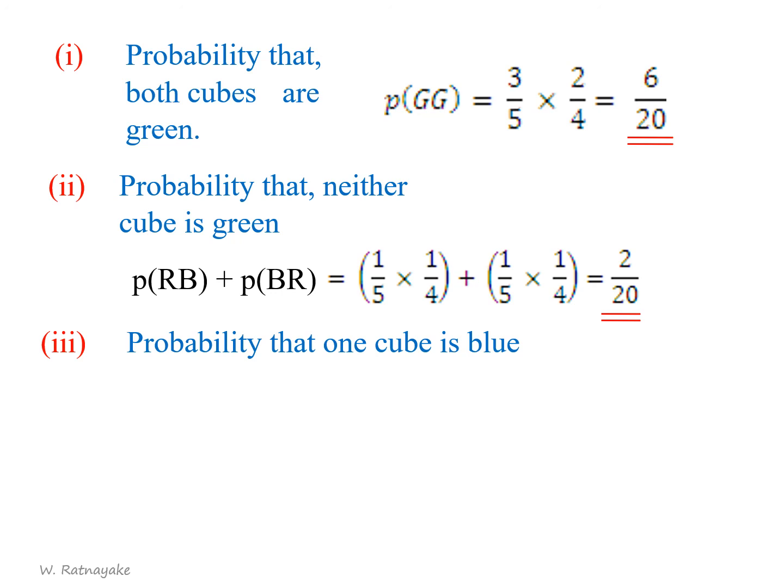So we have to add the probabilities of all 4 events to get the probability of the compound event that we are asked. So that is 1/20 plus 3/20 plus 1/20 plus 3/20, that is 8/20. So this is the answer for part 3.